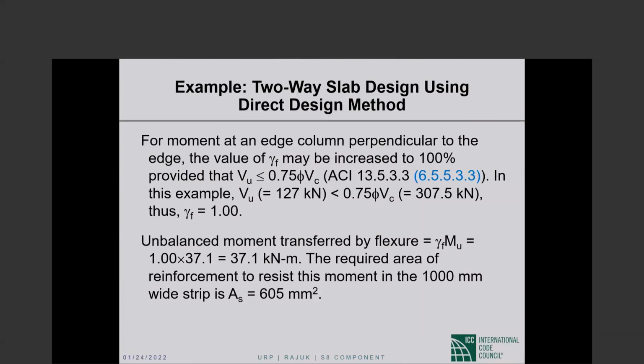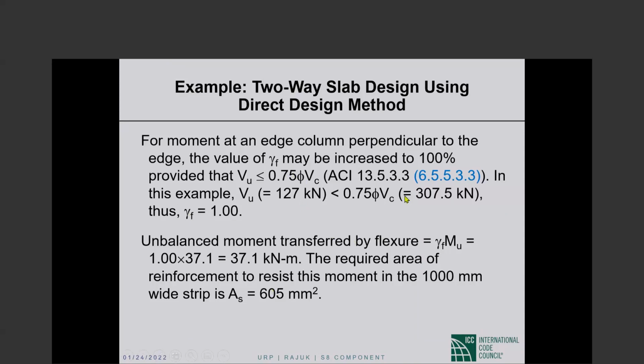So for moment at an edge column perpendicular to the edge, the value of gamma sub f may be increased to 100% provided the V sub u is less than 75% of phi times V sub c. In this example, V sub u is 127 kilonewtons and 75% of phi V sub c is 307.5.